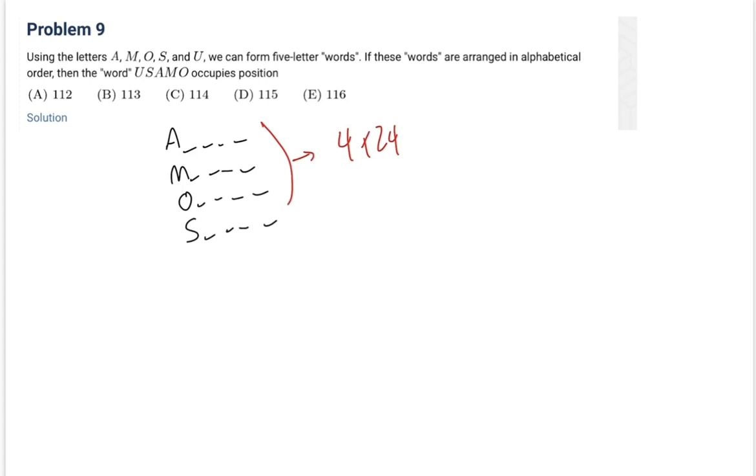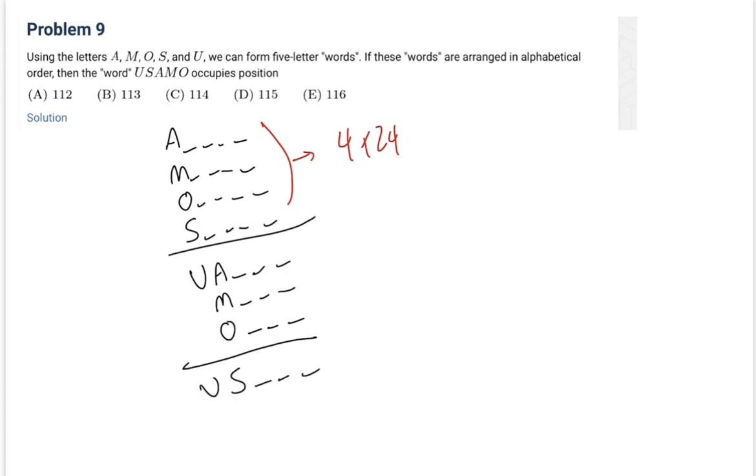And then when we finally got to U, then the S, it's the 4th letter, so we would have gone through U A something something something, S something something something, and M something something something. No, not S, not yet. So A, M, and then we would have gone through O something something, and then we'd have come to U S something something something, right?